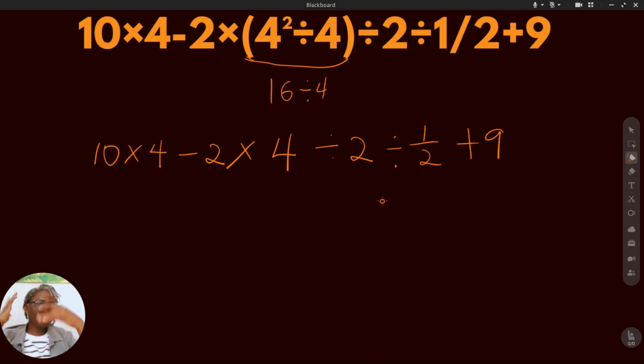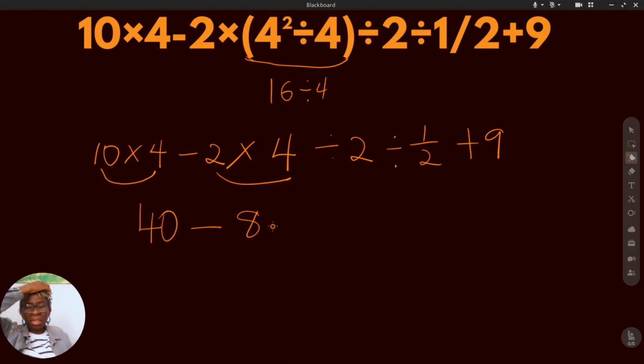Now we are left with multiplication, division, addition, and subtraction. So now we are to solve from left to right. Let's solve this. 10 times 4 becomes 40. And then from left to right again, 2 times 4 becomes 8.